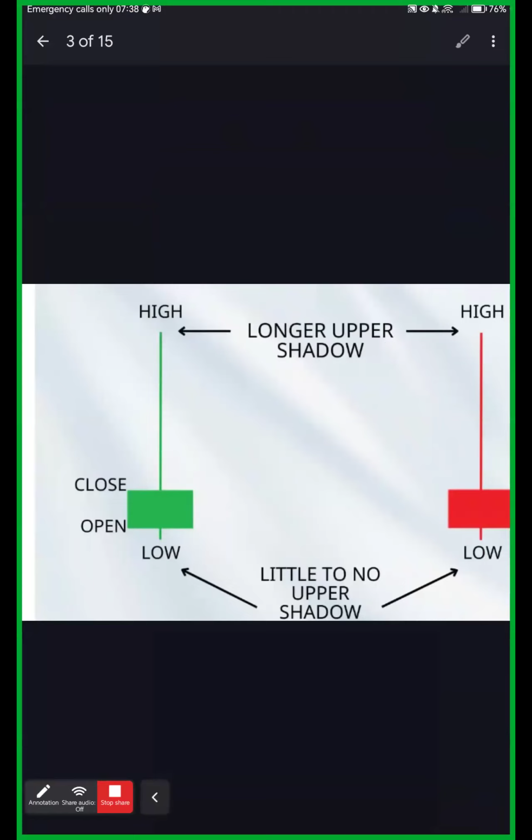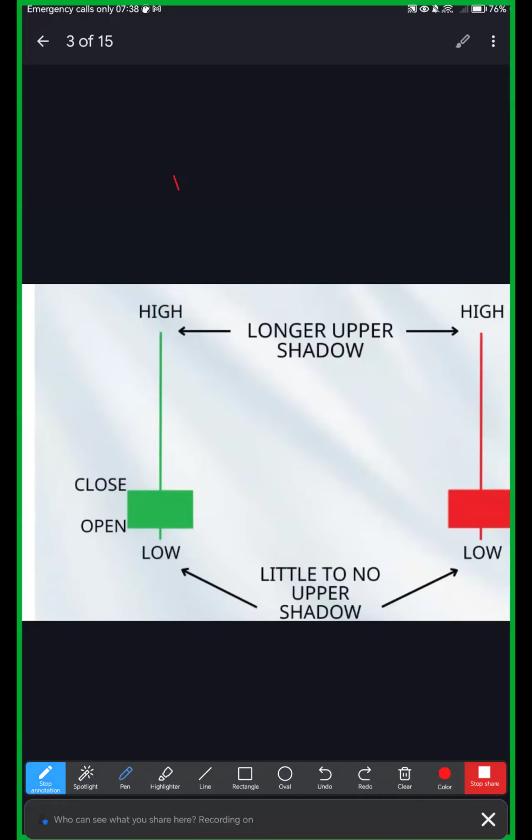It is the presence of this chart pattern, which we are calling a shooting star. It is also referred to as a pin bar. It is the same thing.